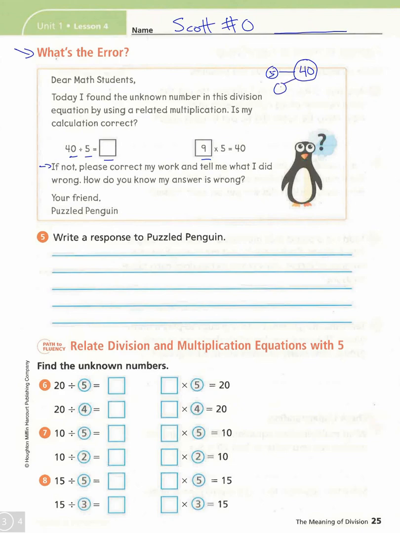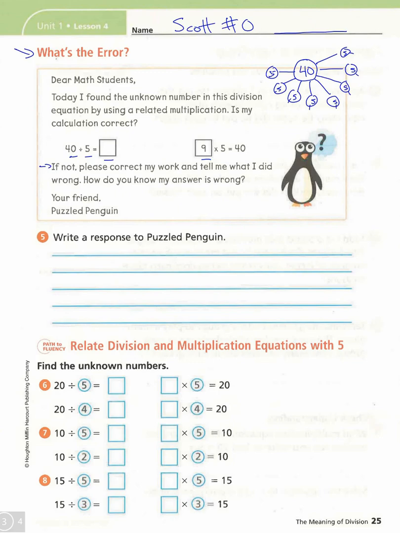So 5, 10, 15, 20, 25, 30, 35, 40. There we go. So we've counted to 40 by 5s.